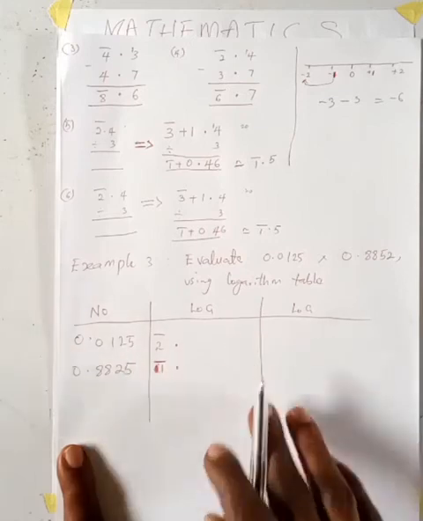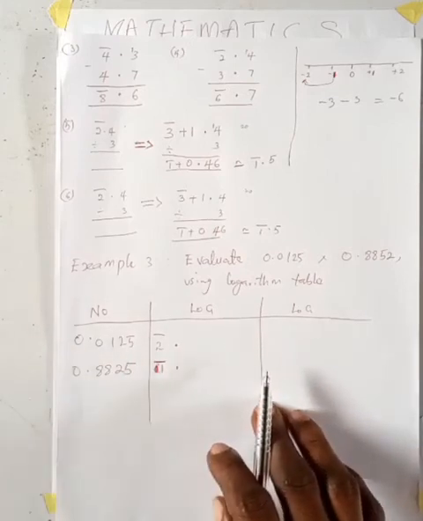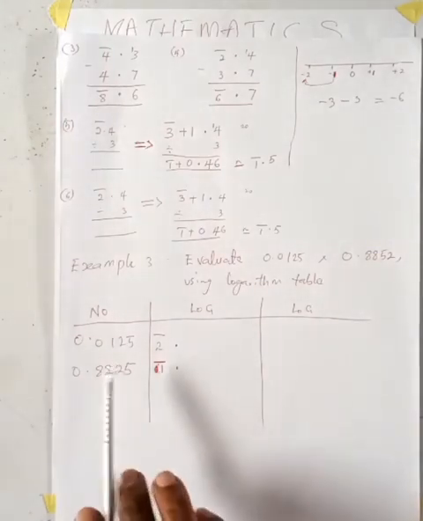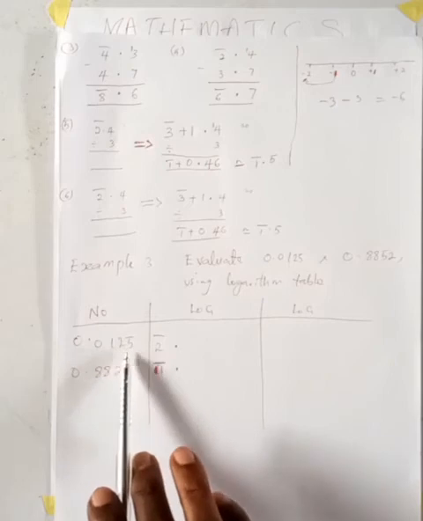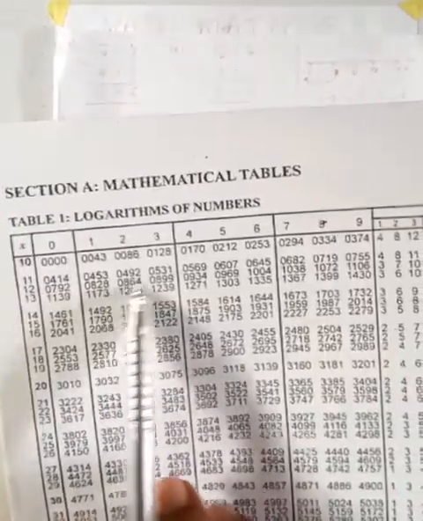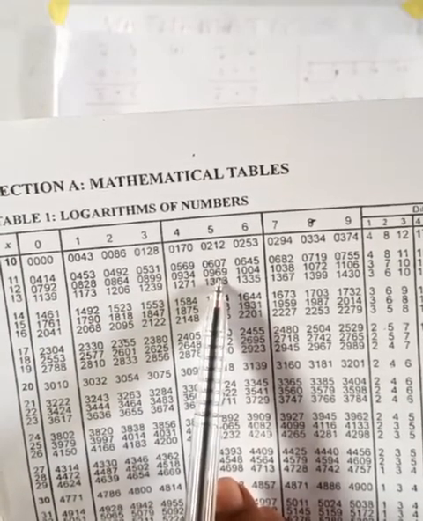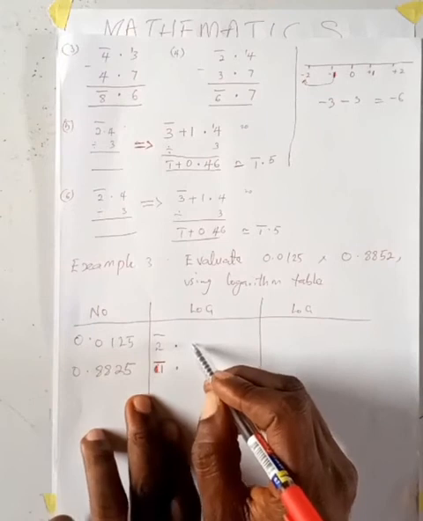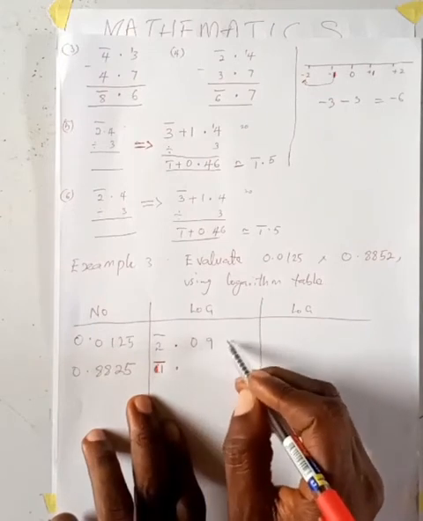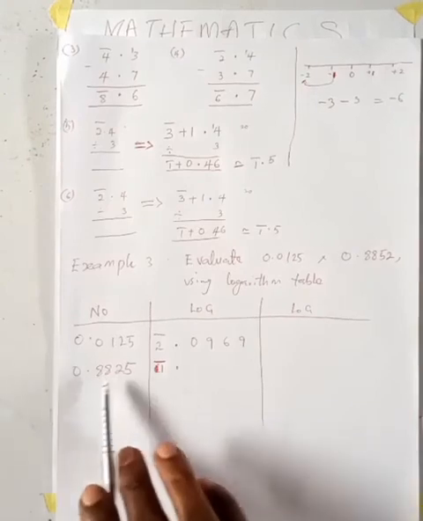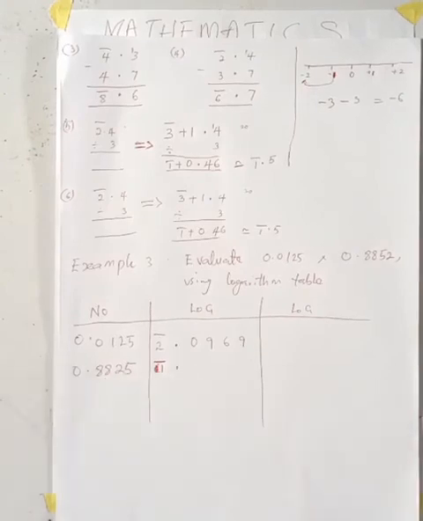So we can now make use of the 4-figure table in order to complete the result. What I am to check in this case is 12 under 5. By my table, 12 under 5 is 0969. So that is going to be written as 0969. To be followed by this one, 88 under 2, difference 5.